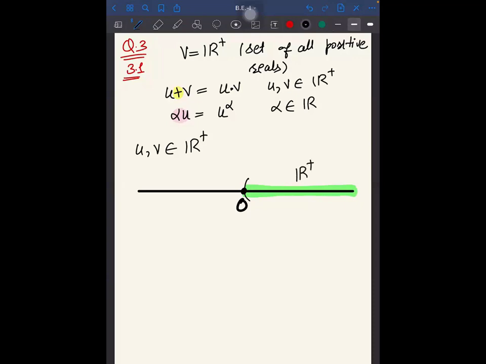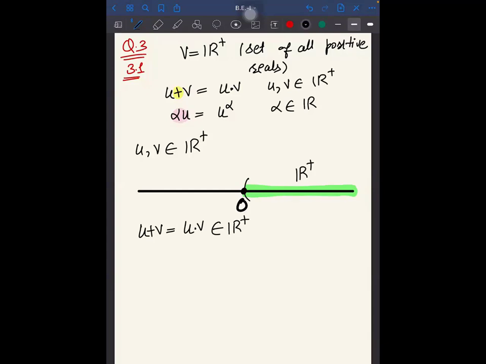Now see this. If you take u plus v, here u plus v means u times v. So will this u times v again land in R plus or not? Yes, because this time plus has been converted into the product.